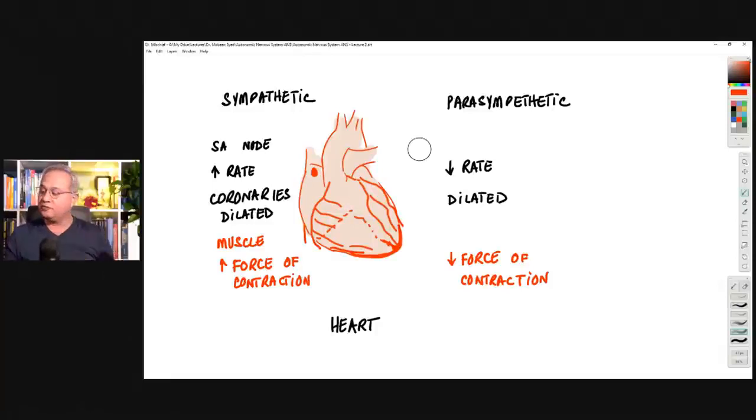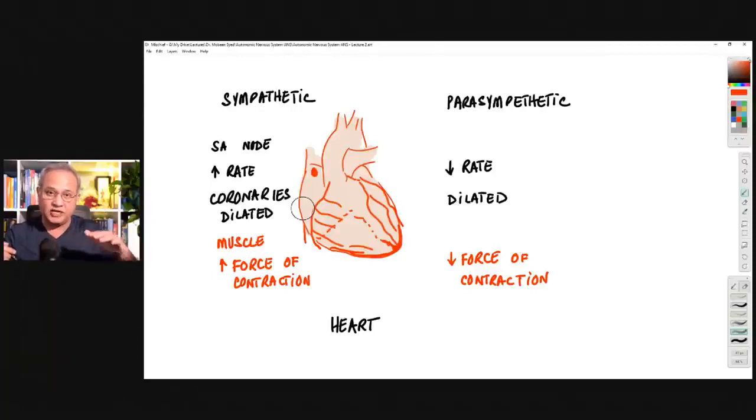So heart with the sympathetic system. What happens is, so let's say this is a heart. On the heart, where the superior vena cava enters the right atrium, at that margin there is the SA node, sinoatrial node. That is the node that is producing cyclical beats for the heart, that is producing the signals for the heart. What happens in sympathetic when we are running? What happens to our heart? It becomes increased.